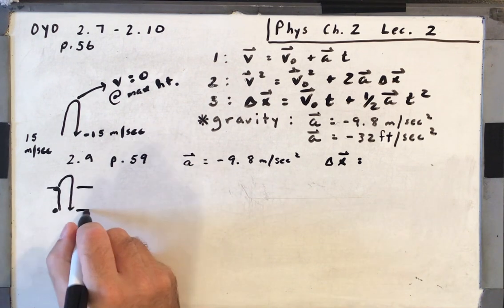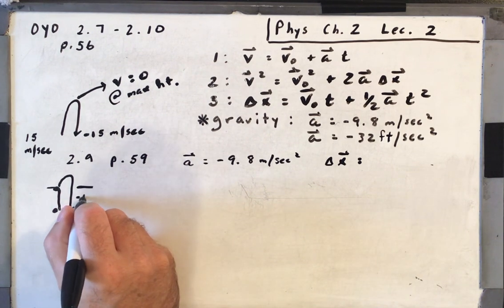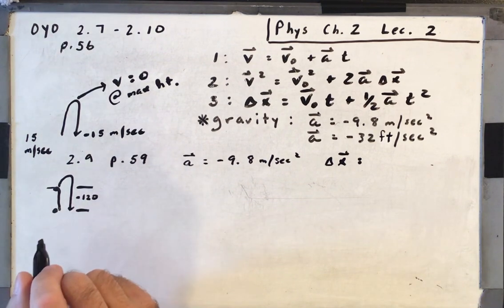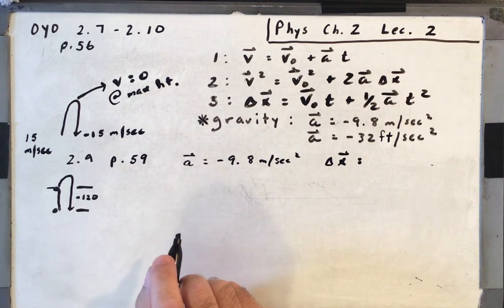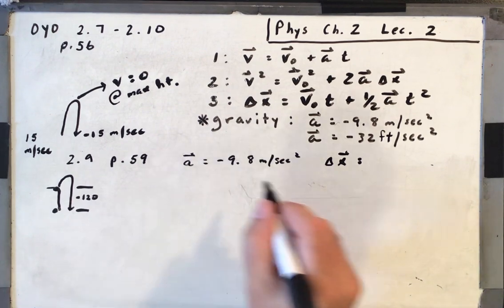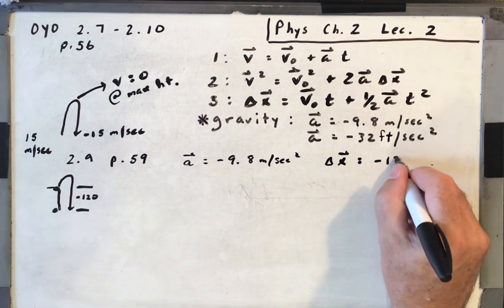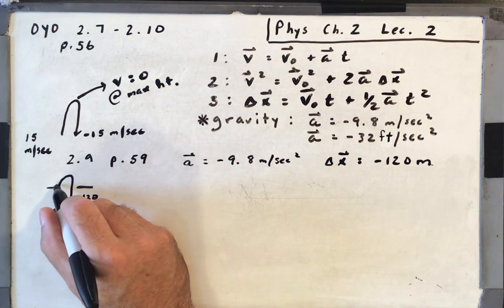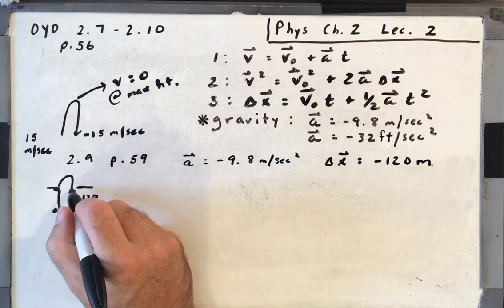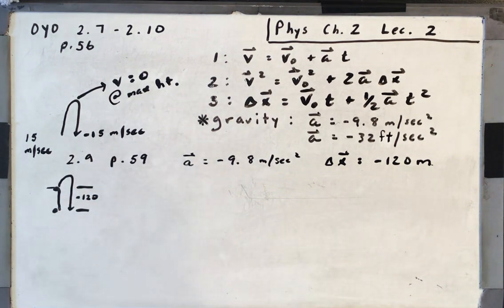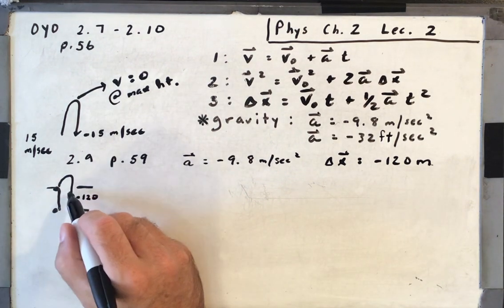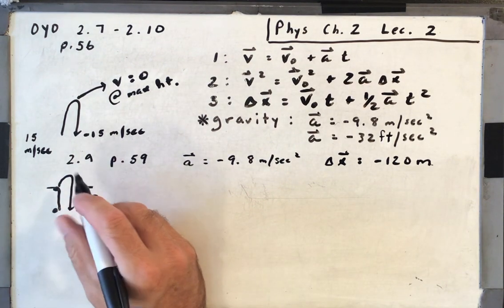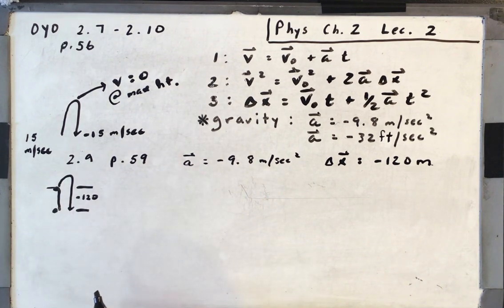So that's going to be negative 120. That's a really tall cliff. So delta x is negative 120 meters. You don't worry about the up and the down part. If you were calculating distance, you'd worry about that, but we just want to know displacement. So that's from chapter 1.